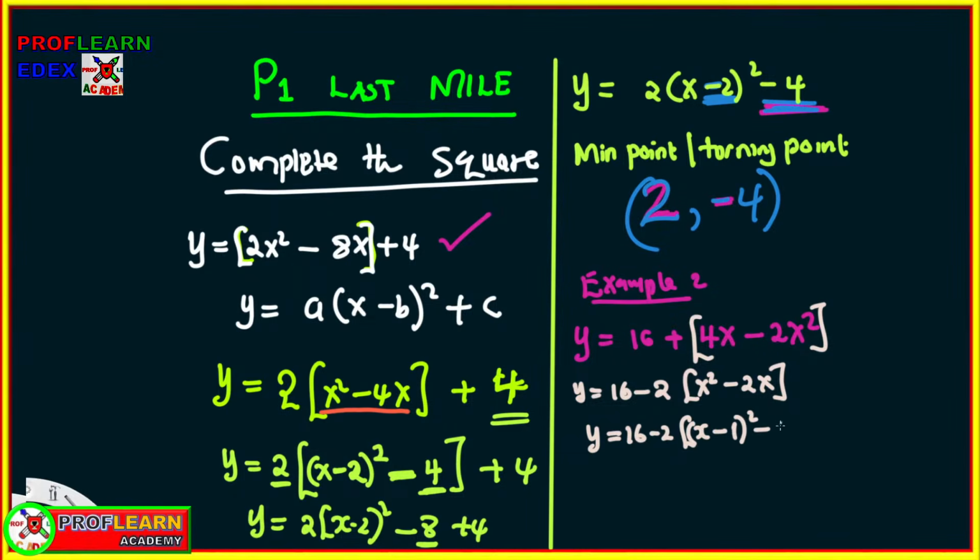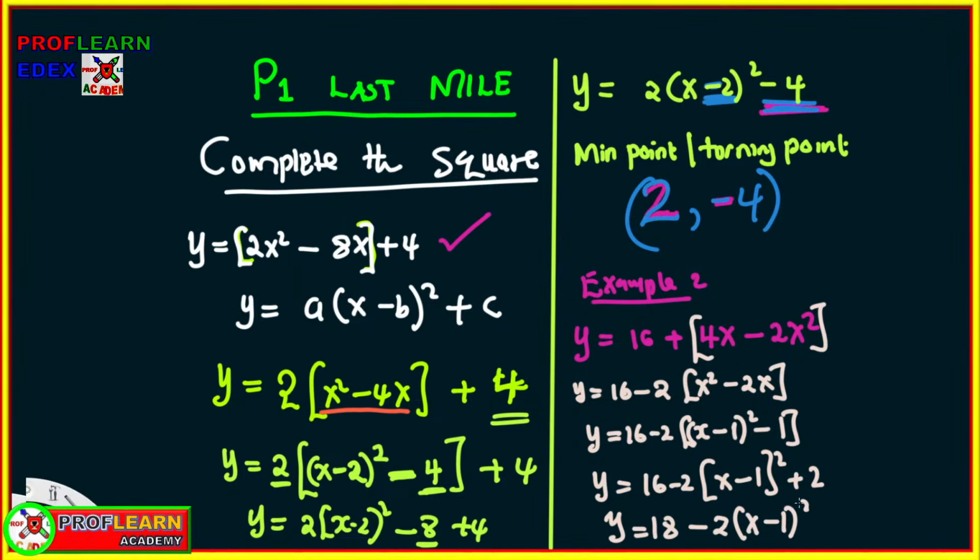Then we square, we shall subtract the square of this, which is 1. So y is equal to 16 minus 2 into x minus 1 squared. And if you open the bracket, this becomes -2 times -1 becomes +2. And finally, our final answer becomes y is equal to 16 plus 2 will be 18, guys. So that's going to be 18 minus 2 into x minus 1 squared.